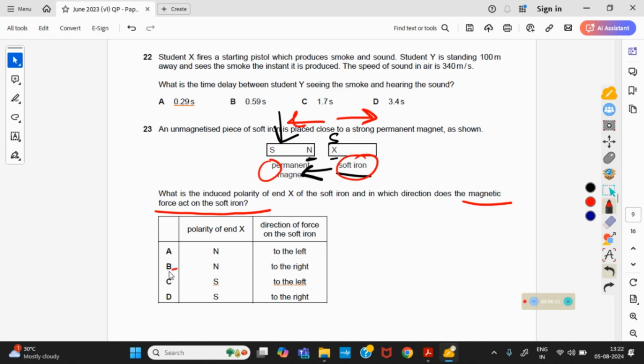So the answer is option C. The polarity of end X is south because this is north pole, and the permanent magnet pulls the soft core toward itself, so this will be to the left. The force will be toward left.